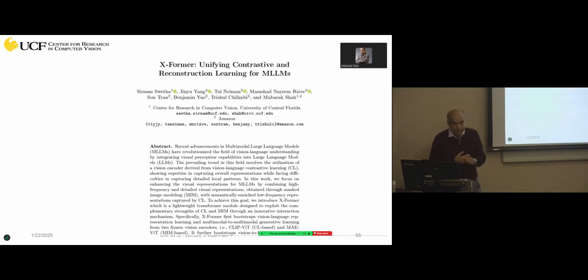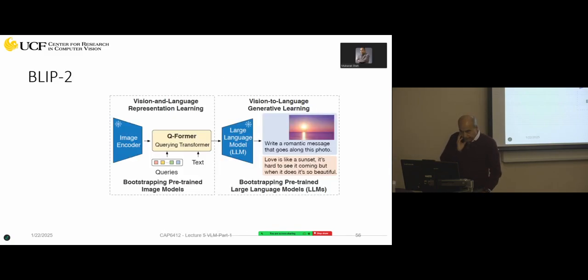Now, your GTA Savita is not here. She had a paper last year in ECCV which builds upon BLIP-2. It's called X-Former. The main thing here is the X-Former, which is extracting the information from an image in terms of queries, and it's using the image encoder from CLIP, which is frozen.